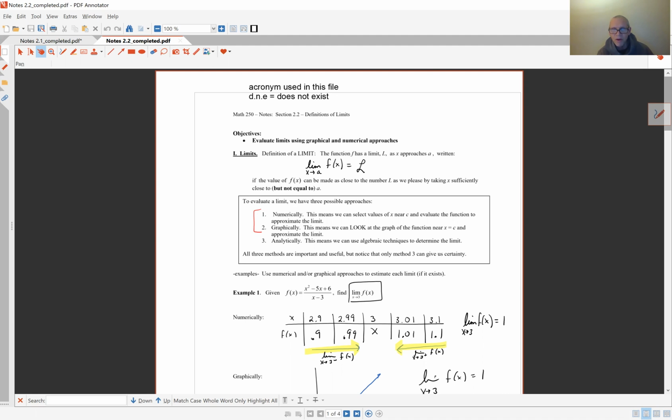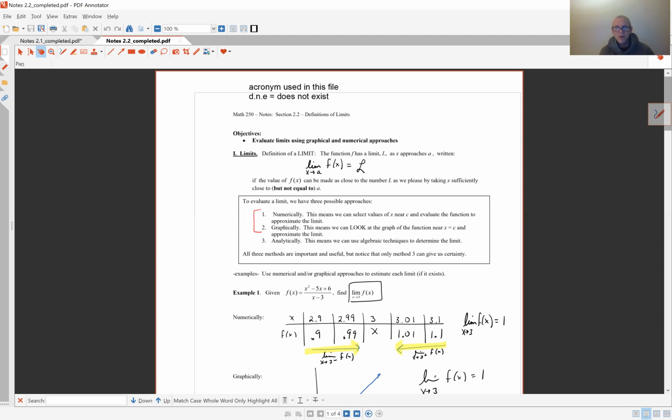The closer we get to x equal to 3, the value of f looks like it's getting close to 1. Again, we're looking at that difference quotient, x squared minus 5x plus 6 divided by x minus 3. When x is 2.99, the function is 0.99.